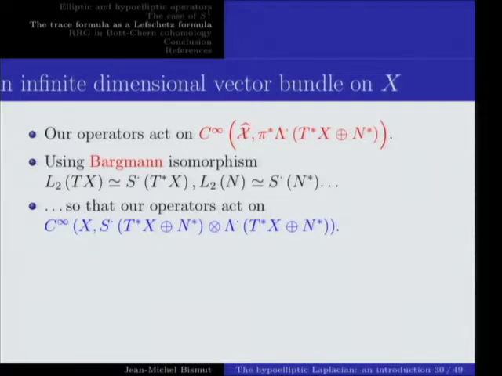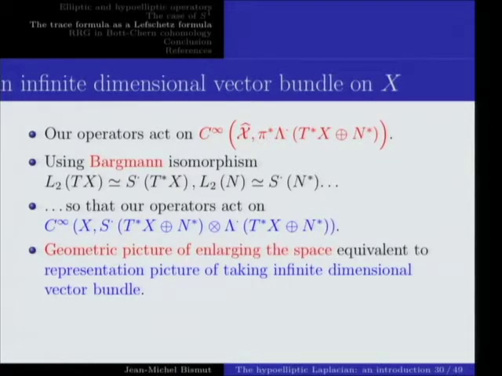This is of fundamental nature in the theory because, as we know, the symmetric algebra and the exterior algebra are twins, even though we do not always know it, but they know. So the geometric picture of enlarging the space is equivalent to a representation theoretic picture of taking infinite dimensional vector bundles over the symmetric space.